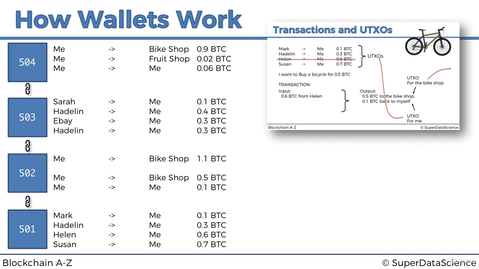In the first case, when I went to spend money, I went to buy a bicycle, and this is what happened. I took this transaction, 0.6 BTC from Helen, and I split it into paying for my bike and sending 0.1 back to myself. So these two that we see here. We're going to draw that here.